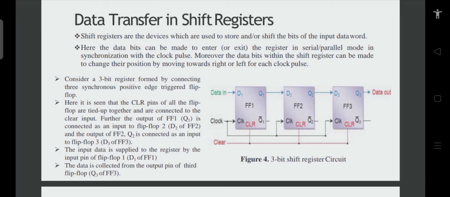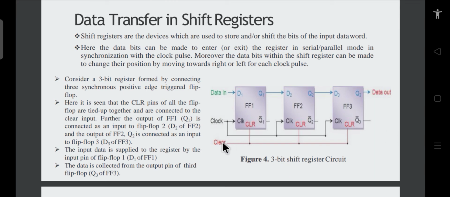Both cases are possible. Here we can see that the data is parallel. In every flip flop, although we have not shown it in the flip flops we have seen before, all the registers usually have a clear input as well.